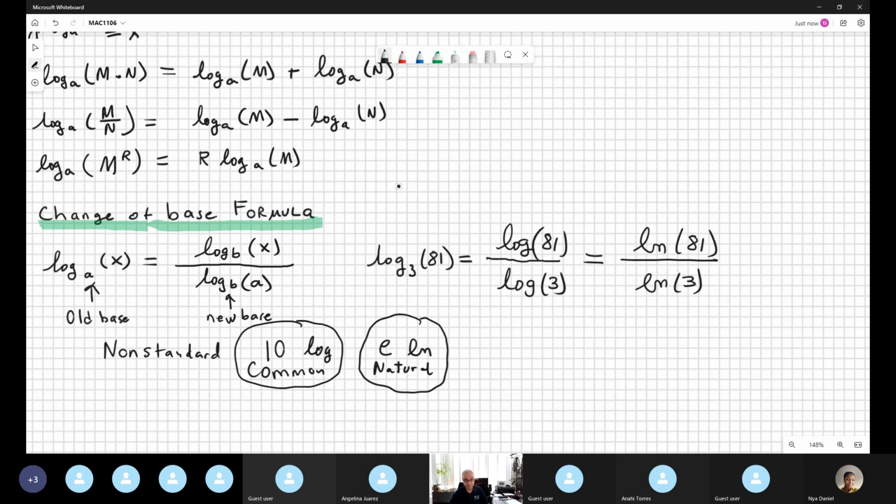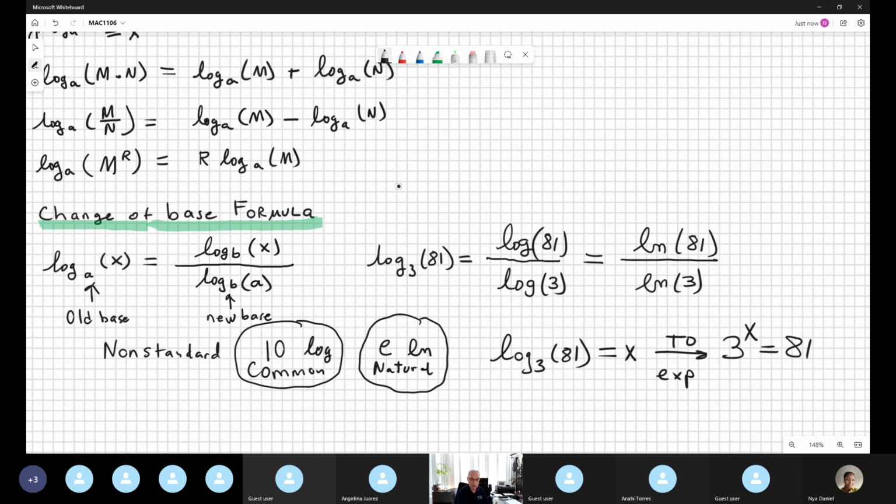By the way, we explained in the previous lecture one way to compute this by hand. Logarithm base 3 of 81 is equal to, I don't know, and you convert to exponential: the base is 3, the exponent, no idea, equals 81.